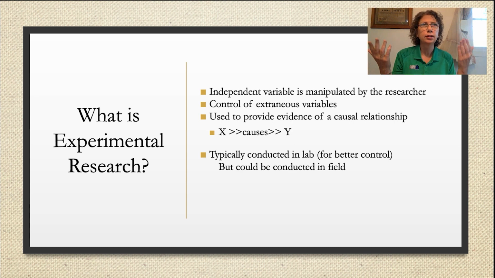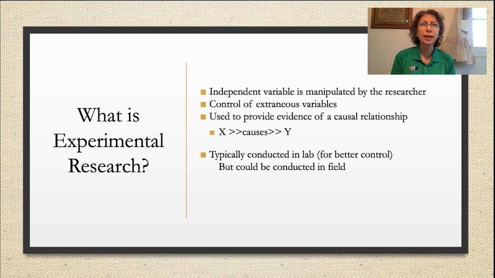So experimental research knocks it up a notch and says this causes that. So it has some strict conditions on it to be able to make that level of a claim. It has very strict rules to fit into this category.